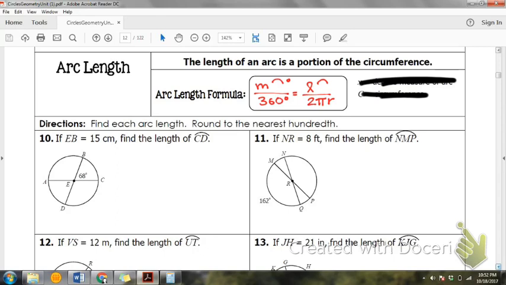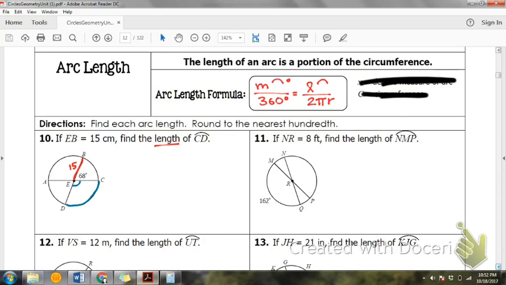So if EB is 15 centimeters, they're giving us the length of a radius here. Let's go ahead and mark that with 15. Find the length. Be careful when you're reading this. It says the length of arc CD. So this one we have to do a little bit of work, because if we want to know the measure of this arc, we need to know how much this angle is, right?